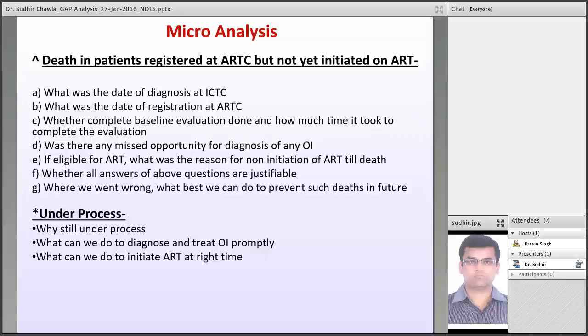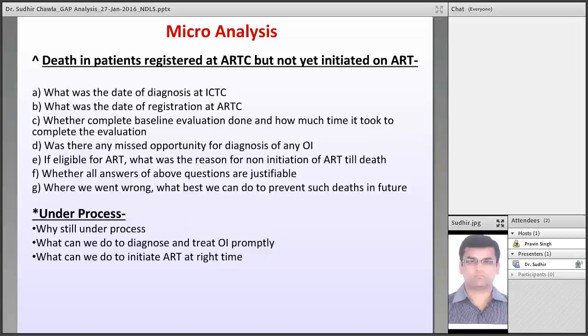After rectification, 2.12A and 2.12B were equal, that is 447. It means the total patients registered during the financial year was 447, and all of them underwent CD4 count till the end of September.